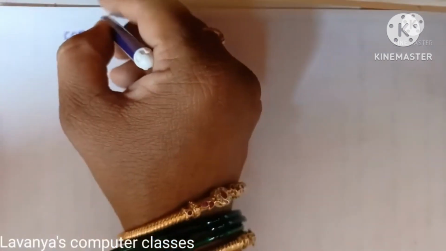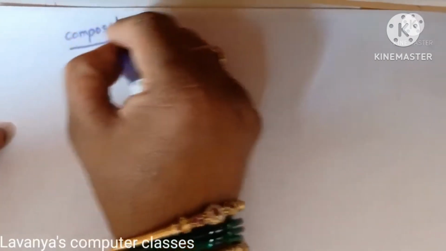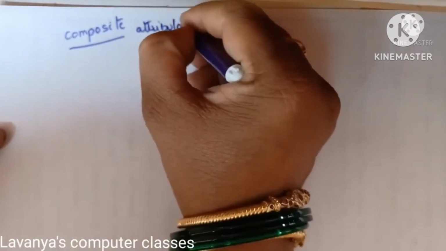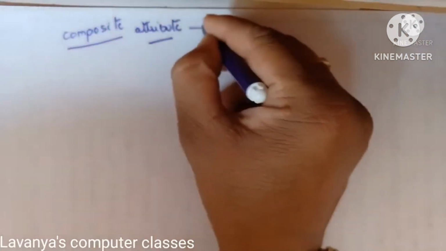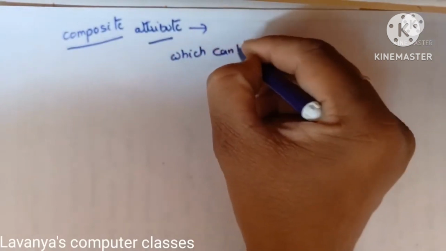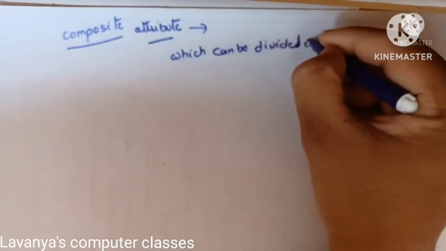Now I will explain one more attribute, that is the composite attribute. A composite attribute is an attribute that is possible to divide into subparts, which can be broken down into many parts.